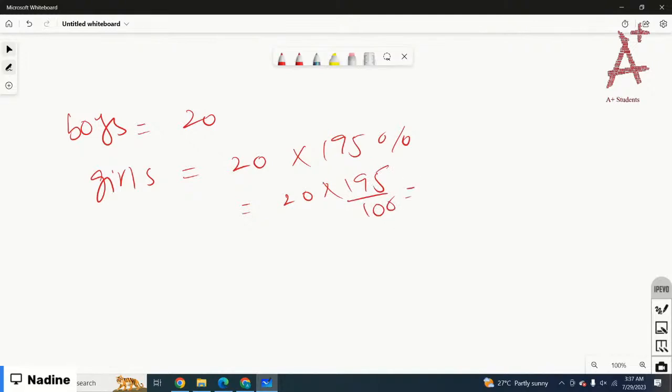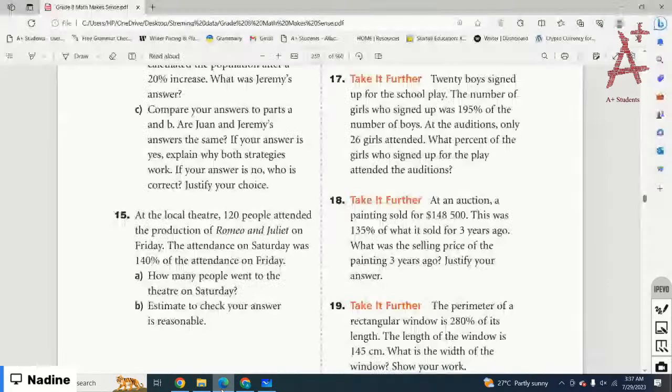Got it? So that means 39 of the girls were the ones who signed up.